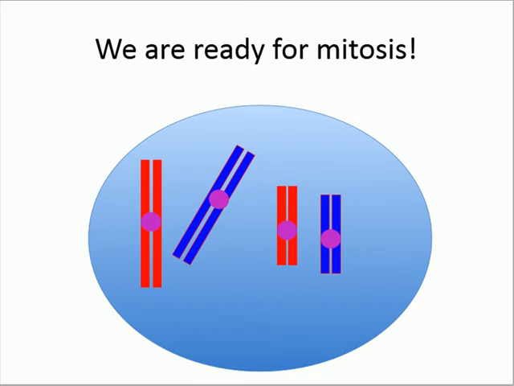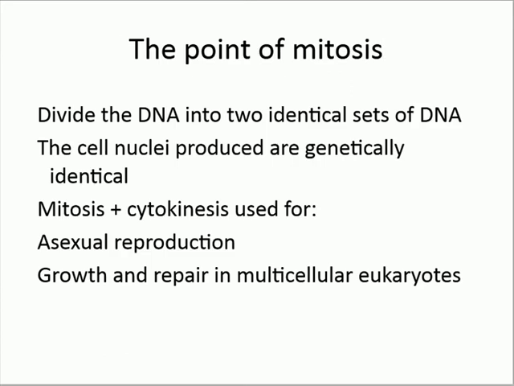All right, so what's the point of this mitosis stuff? Well, mitosis takes the DNA that we've duplicated beforehand and divides it into 2 identical sets of DNA. Mitosis is a process of nuclear division, and the cell nuclei that are produced are genetically identical. In other words, they're clones of each other.